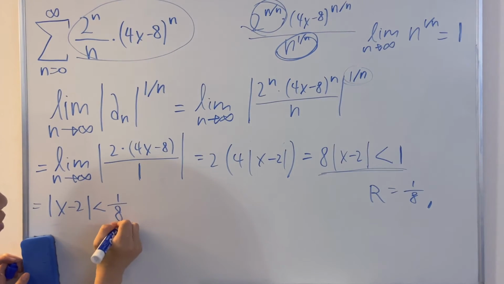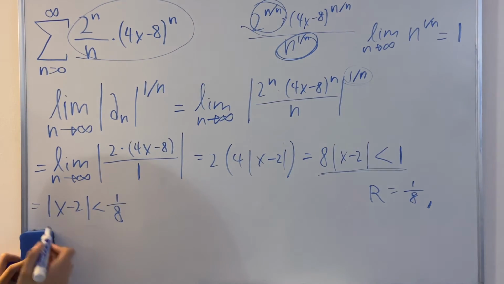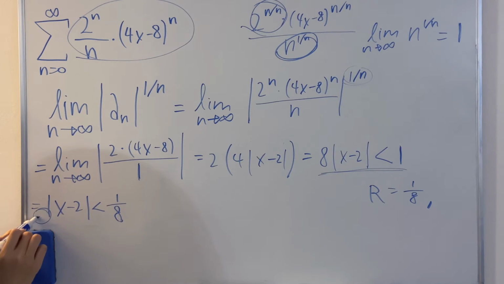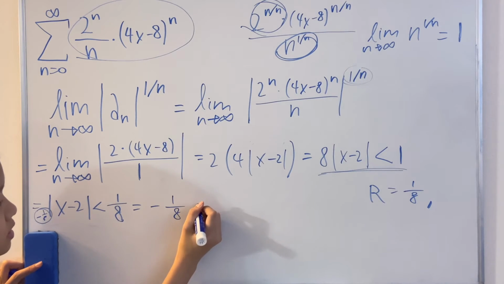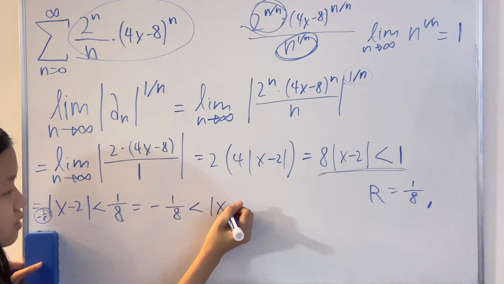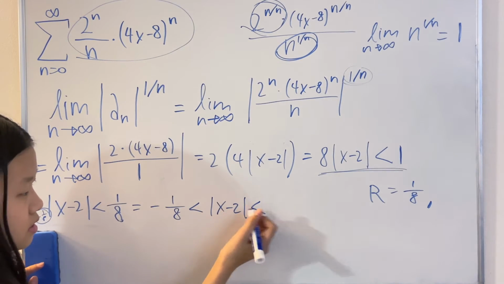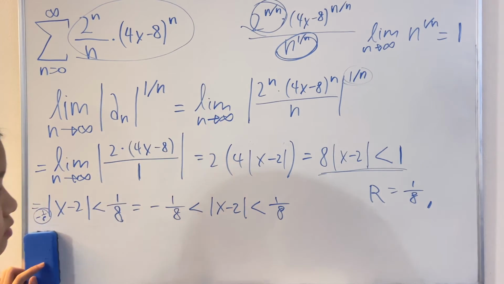To find the interval of convergence, we're also going to add negative 1 over 8 here. So negative 1 over 8 is smaller than x minus 2, and this is smaller than 1 over 8.